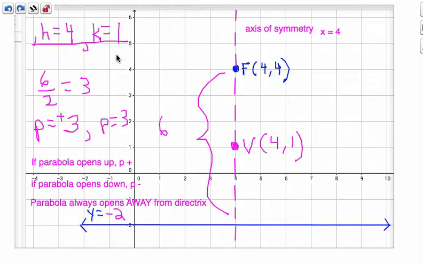So we now have our 3 values needed to write the equation of this parabola. And we can already sketch the parabola because we know that the parabola opens up. So we know it's going to look something like this. Now we're going to write the equation.